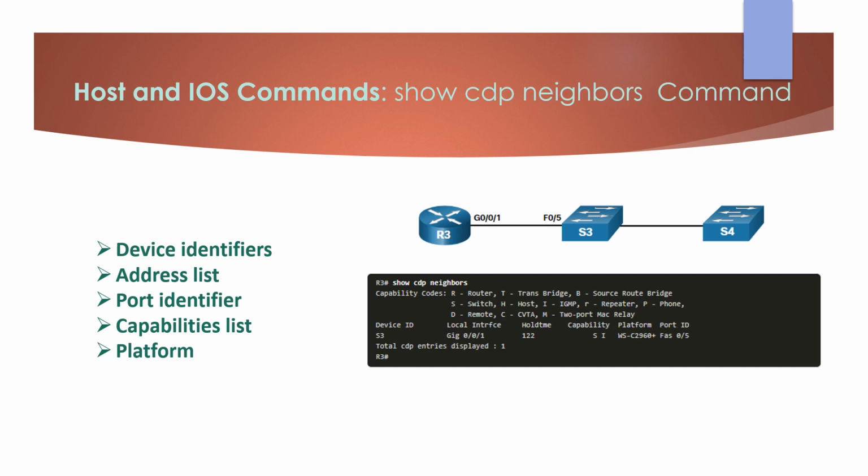We can see that router 3 has not gathered information about switch 4. This is because CDP can only discover directly connected Cisco devices. And as you can see, switch 4 is not directly connected to router 3 and therefore is not listed in the output.